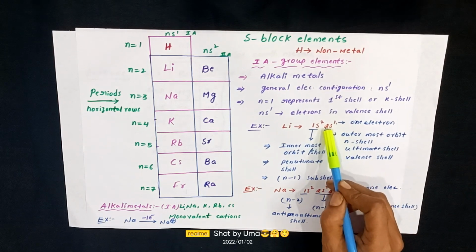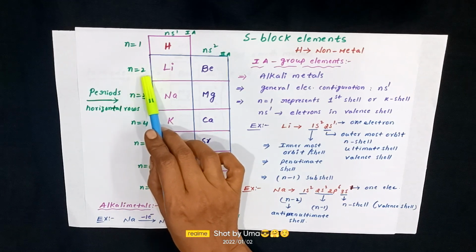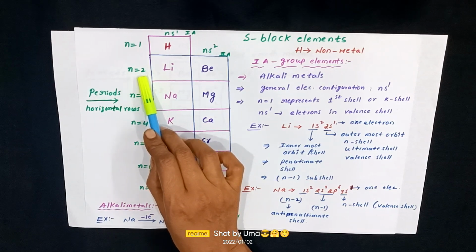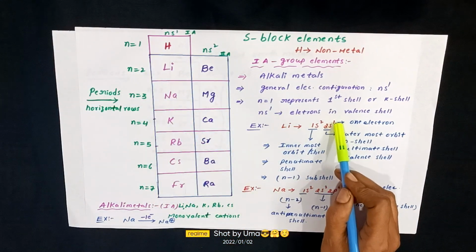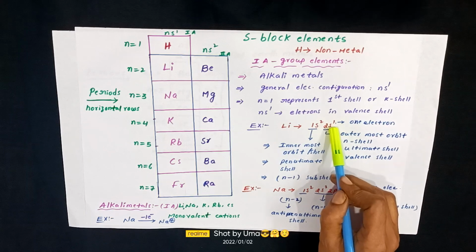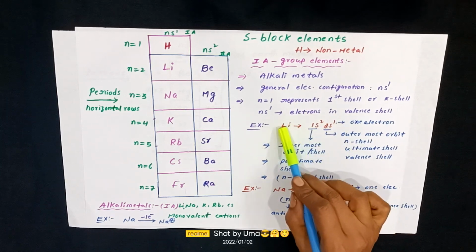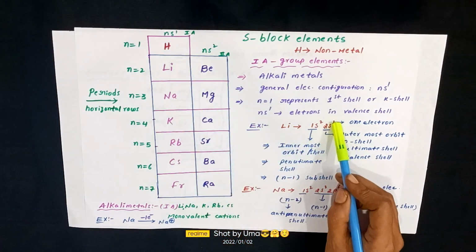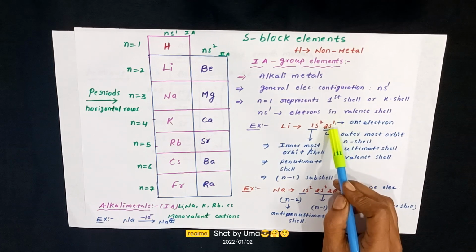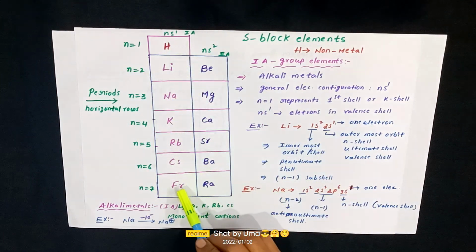That means the second shell is the last shell, and it represents the period number. So lithium belongs to the second period, and only one electron is present in the s orbital. That means lithium belongs to the first A group, and the valence electron is present in the s orbital. So that's why the element belongs to S block.